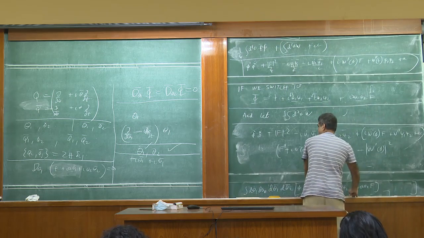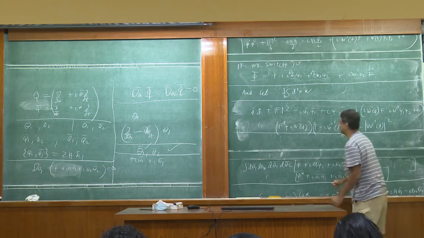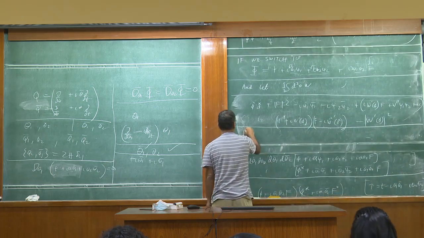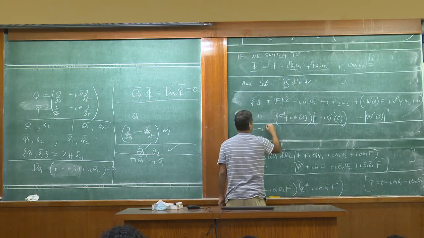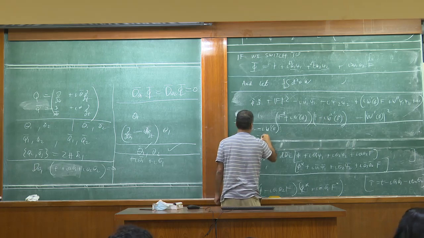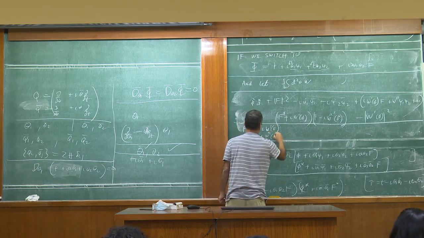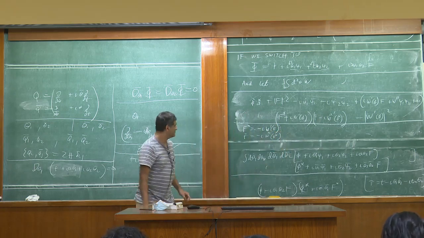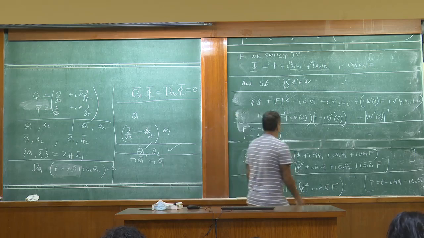So after integrating out, we should record this somewhere. We are finding f star is equal to minus i W prime phi. f is equal to minus i W prime star phi star. Plus i, thank you, plus i.